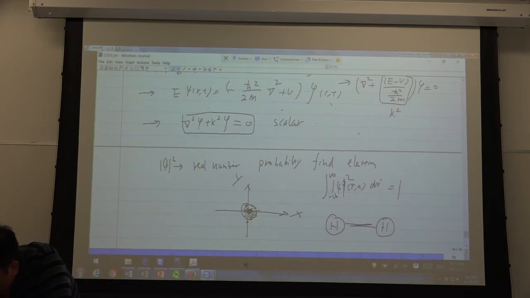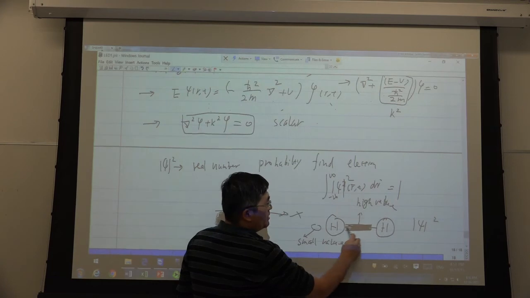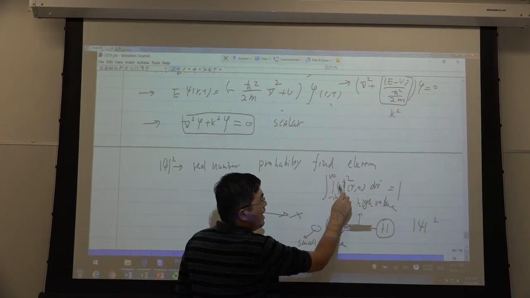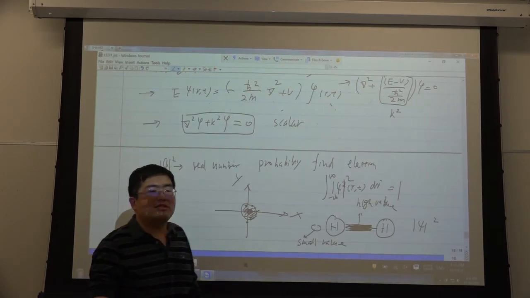The electron here is very thin, so phi here is a higher value, and here is a low value, a small value. Because it has a chemical bond, the electron has a larger probability to go around here, but a small probability around here. So the amplitude square of phi gives the probability to find the electron at some spatial point.